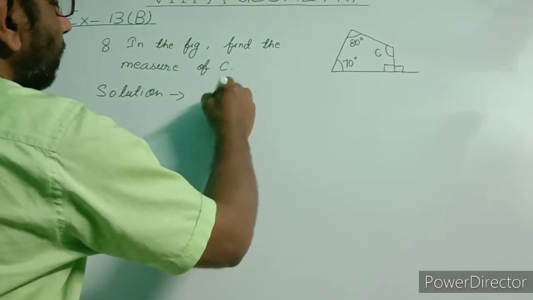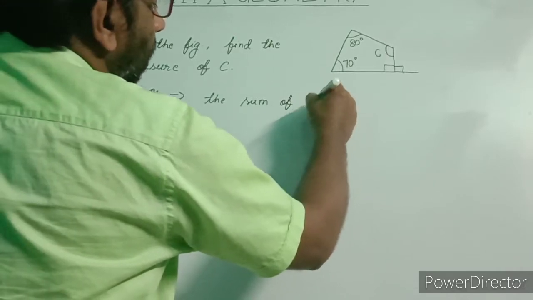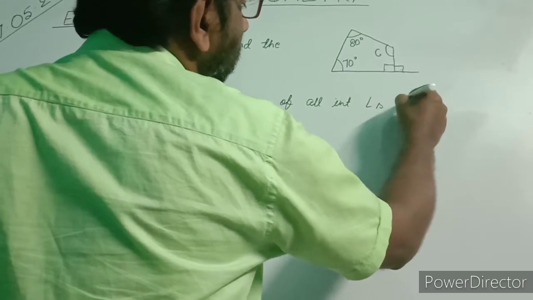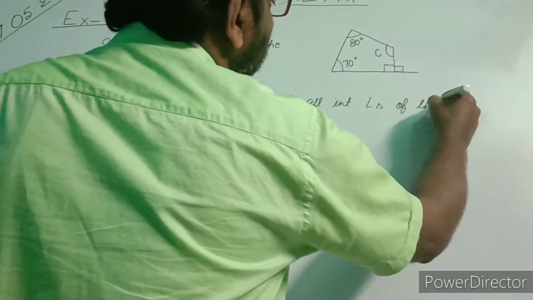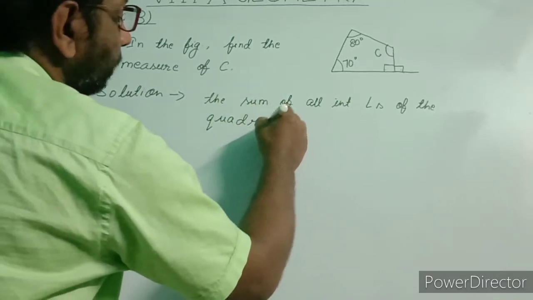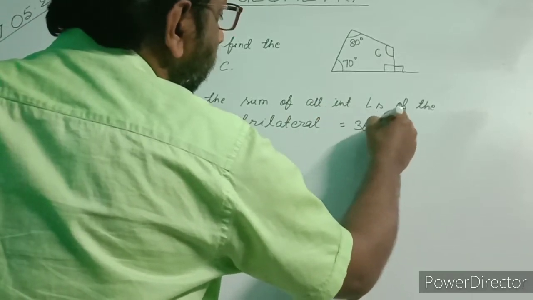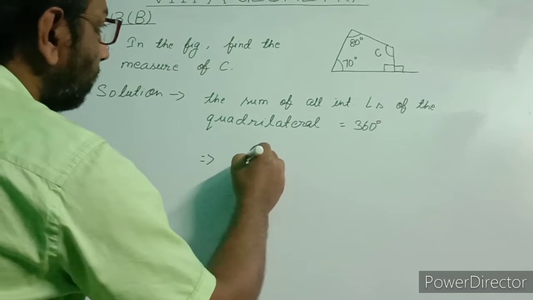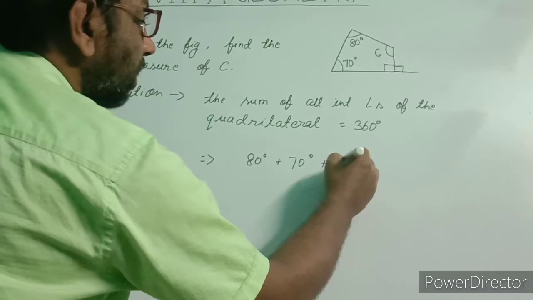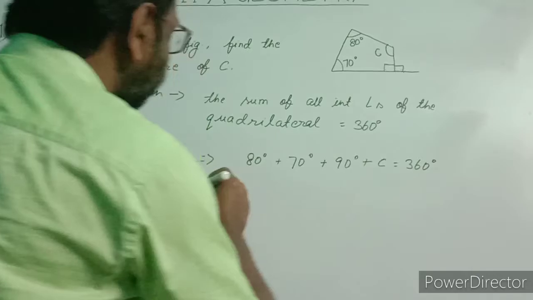So we can write the same thing, the sum of all interior angles of the quadrilateral equal to 360 degrees, implies that 80 degrees plus 70 degrees plus 90 degrees plus C equal to 360 degrees.